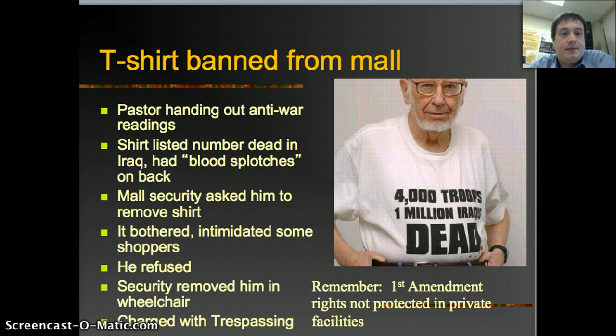Did he try to fight this? Did he win? No, because remember, the First Amendment rights do not protect you in private facilities. You do not have the right to express yourself on someone else's property. That mall belonged to someone. They have the right to ask you to leave if they so choose. And they did, and they were completely within their rights.